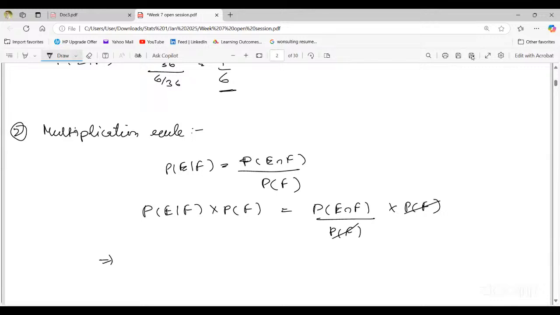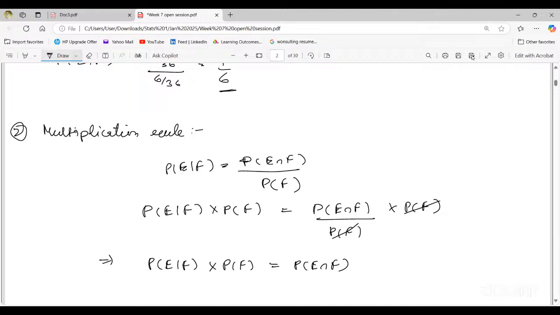So I would be getting probability of E intersection F equals probability of E given F into probability of F. Correct? So actually, this is my multiplication rule.